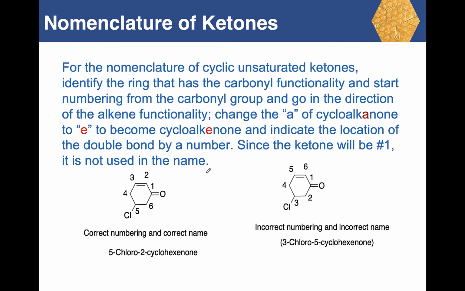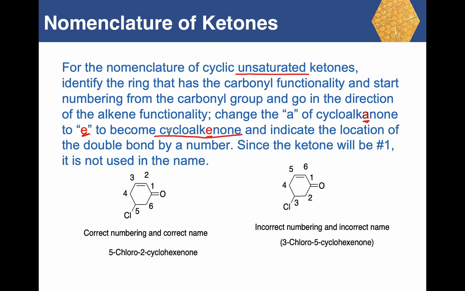Let's look here at the double bond or the unsaturation that's present in ketones. Same systematic approach. The key here though is to change the A of the cycloalkanone to an E. So it becomes a cycloalkenone.